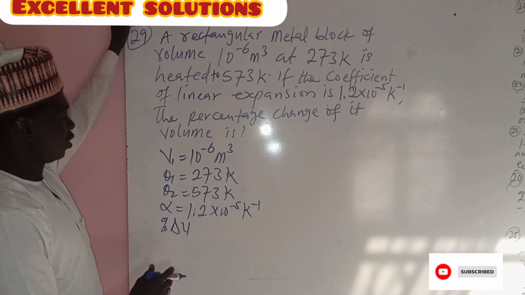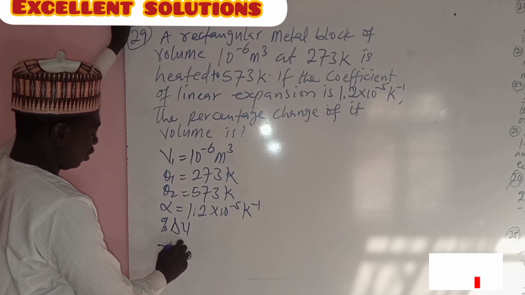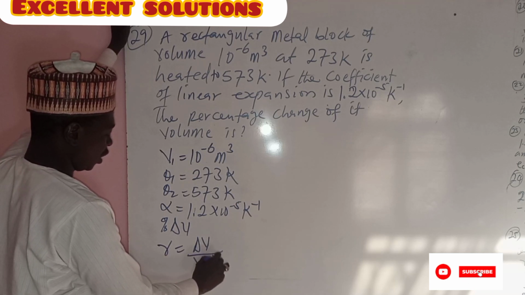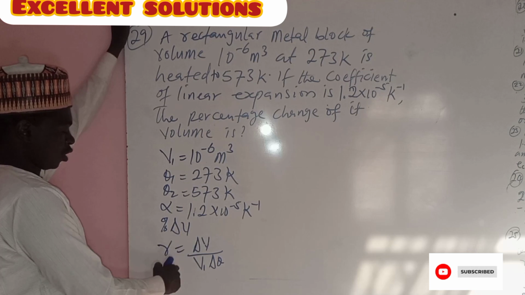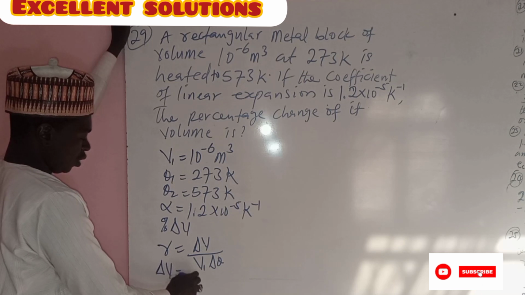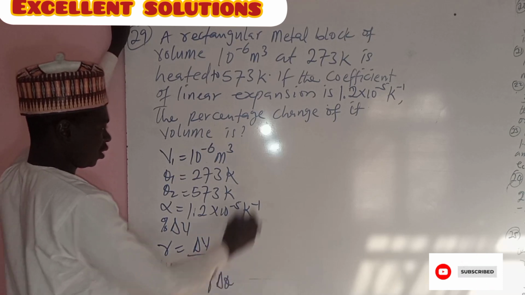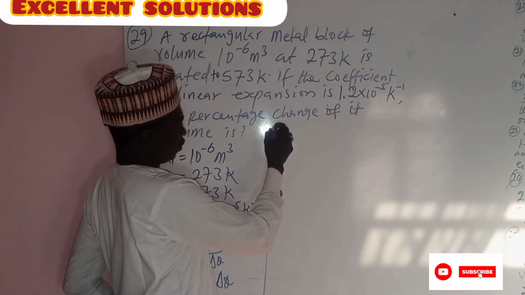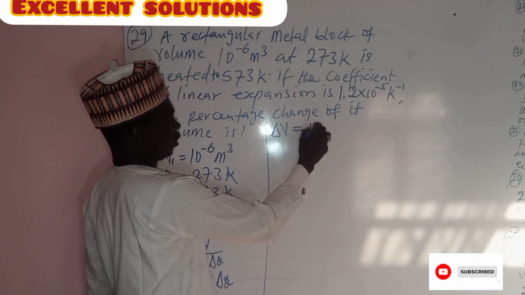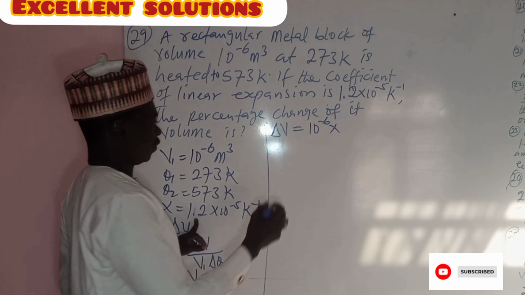So in this case, we can recall that gamma equals change in volume over original volume times change in temperature. If we cross multiply here, we have the change in volume equals V1 gamma delta theta. So we have our delta V equals V1, we have 10 exponential minus 6 times our gamma.